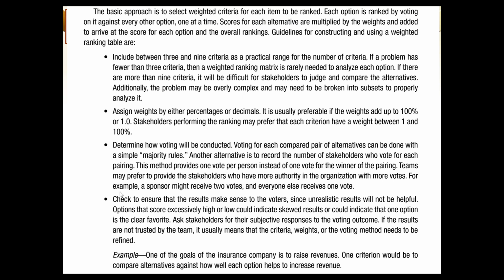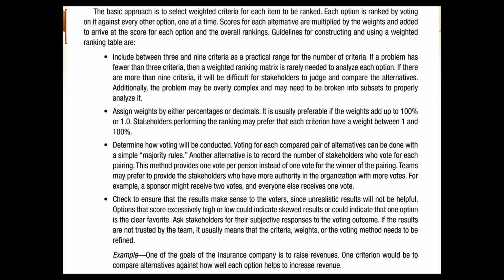Okay. So if you want to read it out, it says include between 3 and 9 criteria as a practical range for the number of criteria. You see, this is your will and wish. This does not really matter, but if you can apply these rules, like it says score from 0 to 1.0, that is all right, but whatever way you calculate it, you will get a ranking.